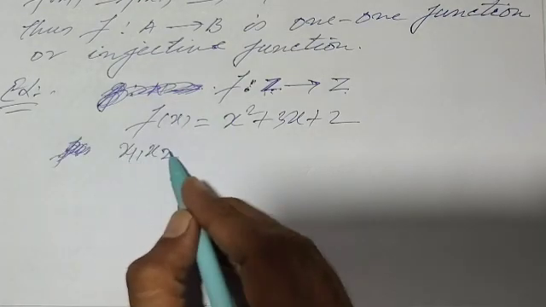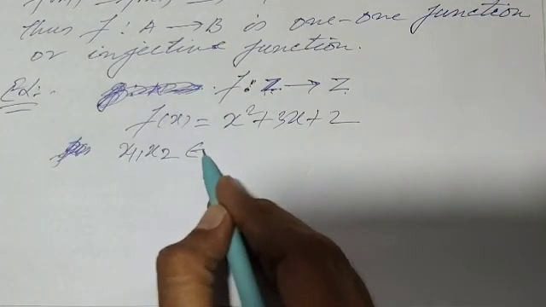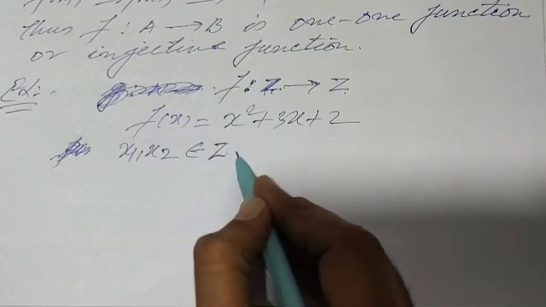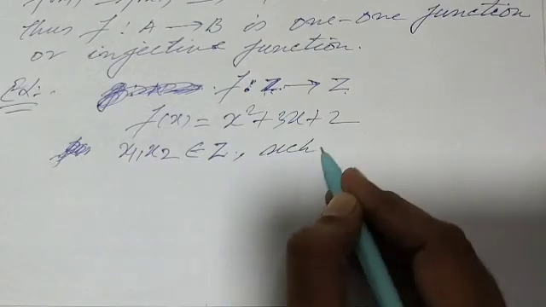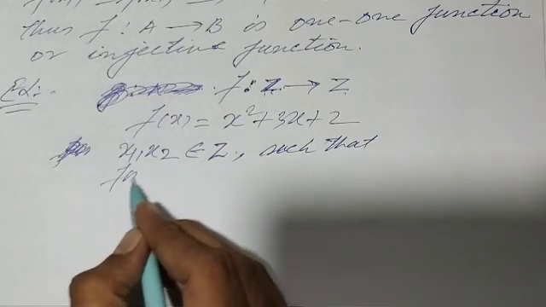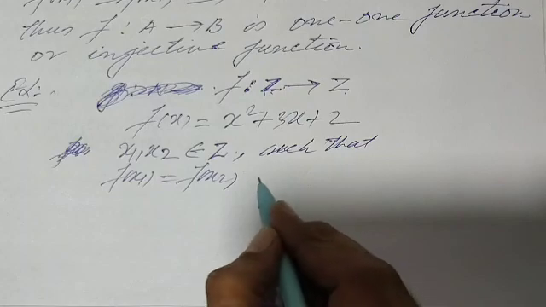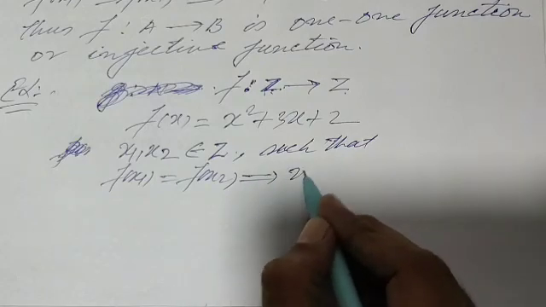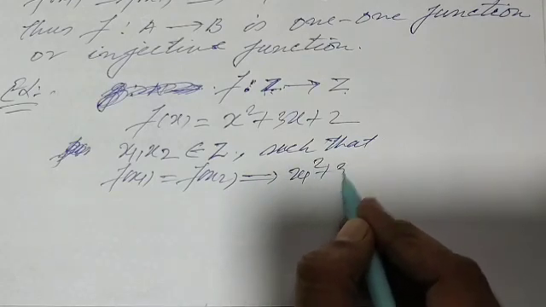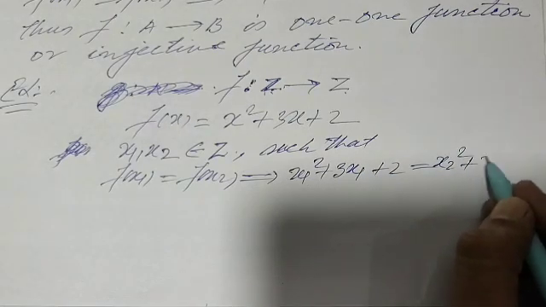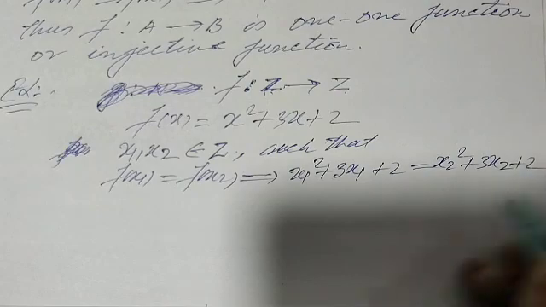So taking two arbitrary elements x1 and x2 from the domain, which is Z this time, the set of integers, such that f(x1) is equal to f(x2). It implies that x1 square plus 3x1 plus 2 is equal to x2 square plus 3x2 plus 2.